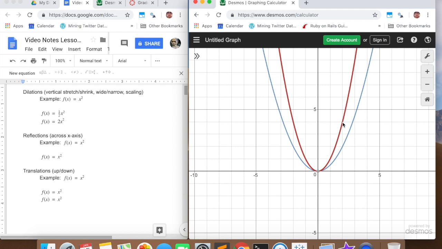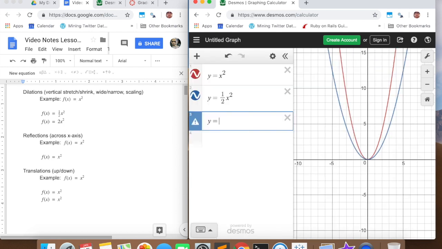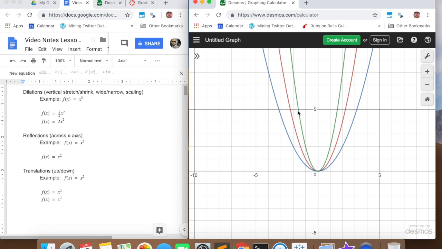There you see a comparison between the two graphs. The red one is the parent graph, and the dilated graph is the blue one with a scale of 1/2. Now, what would happen if I use a scale of 2? In this case, of course, you know that because 2 is greater than 1, it's going to make the ordered pairs, the y specifically, larger.